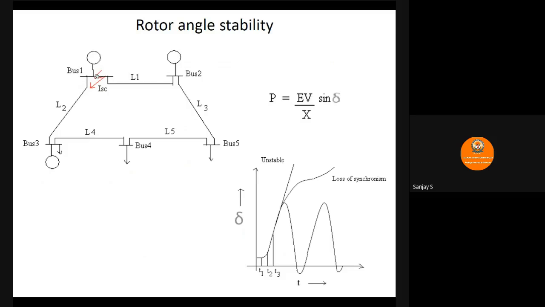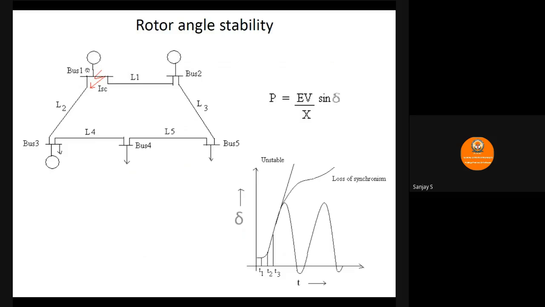Now because of this disturbance, there is an increase in the speed of the generator connected at bus 1. Since there is an increase in its speed, it has lost synchronism with the other two generators. So now the generators connected at bus 3 and bus 2 are running at a common speed, while bus 1 is running at a different speed.